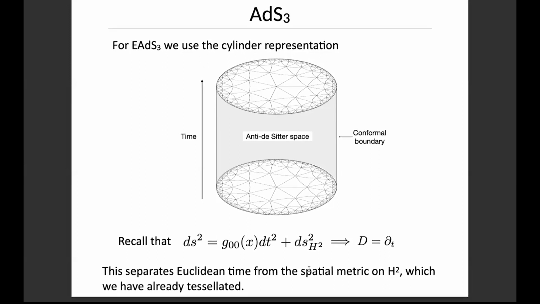Also, practically speaking, we've already tessellated the two-dimensional case, so we want to use what we've done before. It's like the minimal effective dose: we do the easiest thing we can to get to new physics.